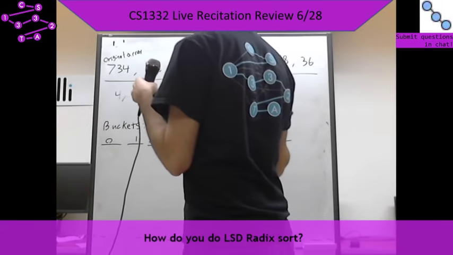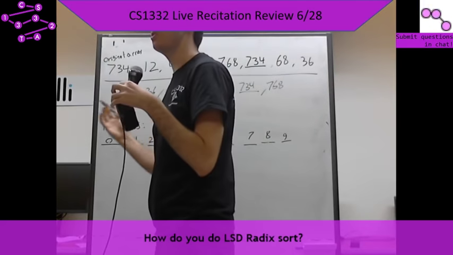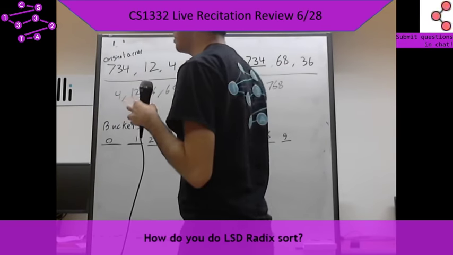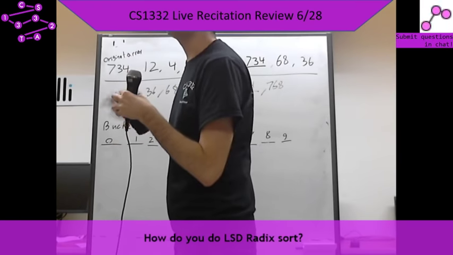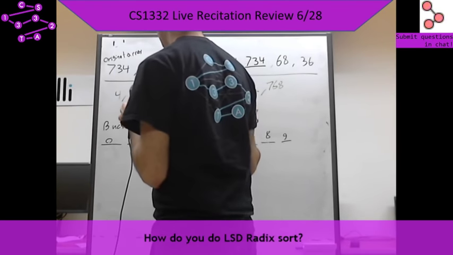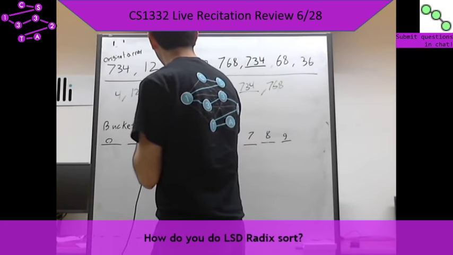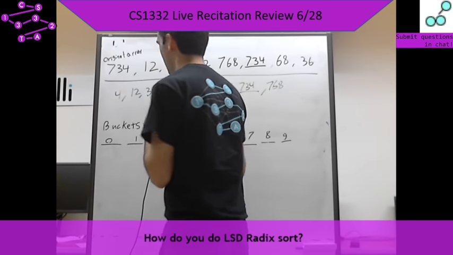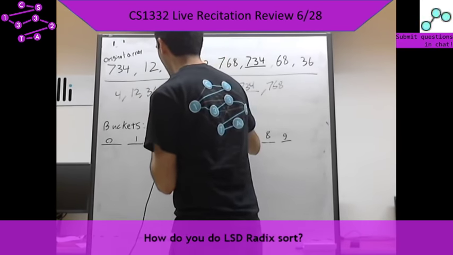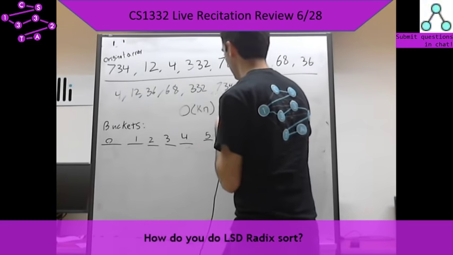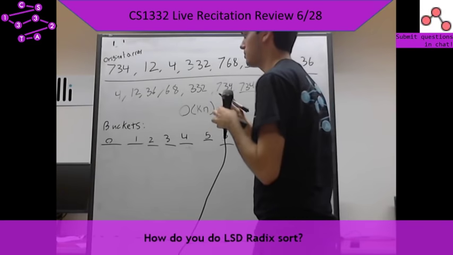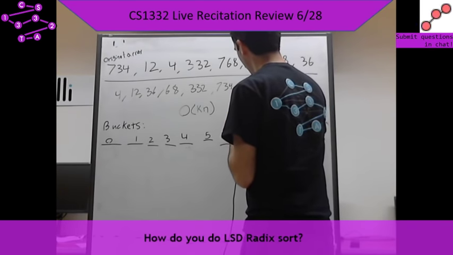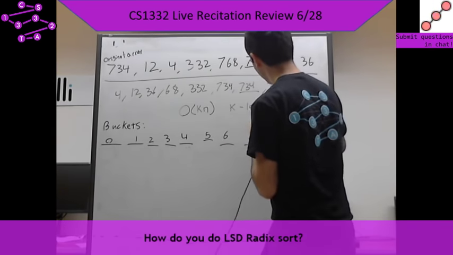In terms of time efficiency, we can't just use n to explain the time efficiency of LSD Radix sort, because the number of iterations we're performing is dependent on the numbers we're actually sorting. So our time complexity of radix sort is actually O of kn, and in this case k is the largest number of digits that we have to deal with.